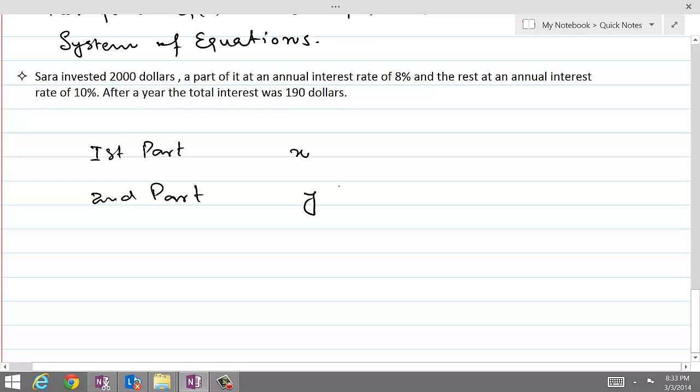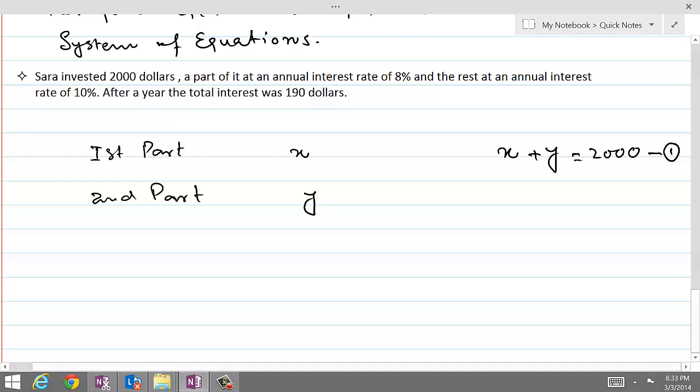Now what is the relation given here? Because the total $2,000 was divided into two parts. So isn't it obvious that if we mix up the part 1 and the part 2, the total must become $2,000. Therefore, we have here one relation. We can say that x plus y is equal to $2,000. So that's wonderful. We can call it as equation 1.